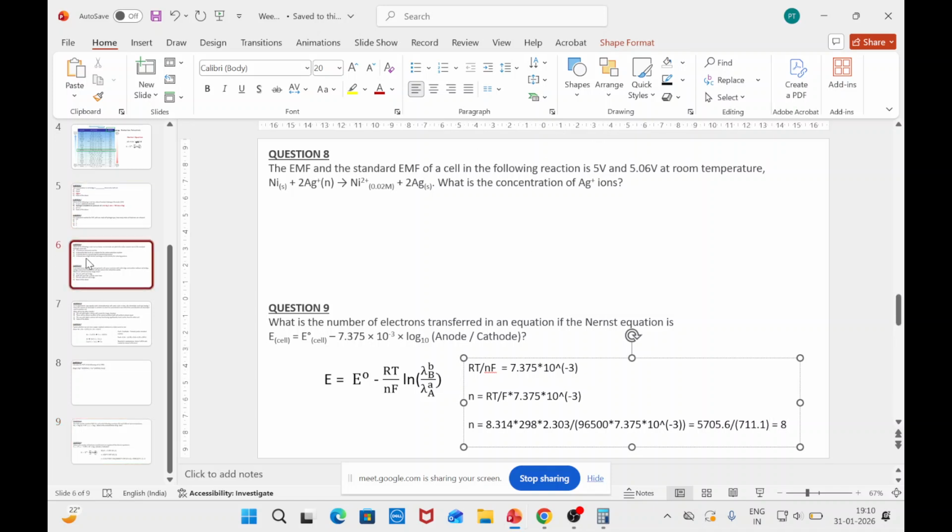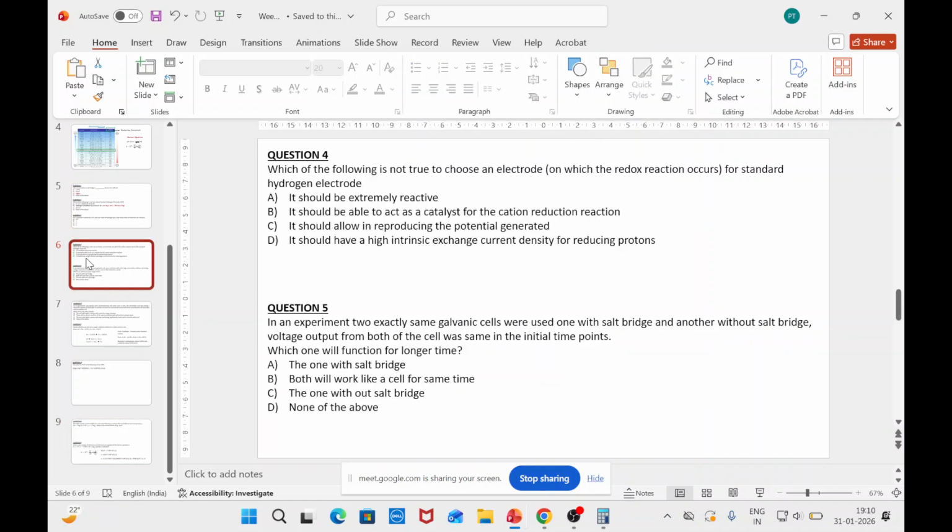So let's go with these questions, question number 4, 5 and 6. Three questions. Which of the following is not true to choose an electrode on which the redox reaction occurs for the standard hydrogen electrode? A: It should be extremely reactive.